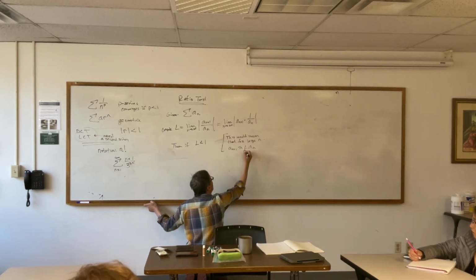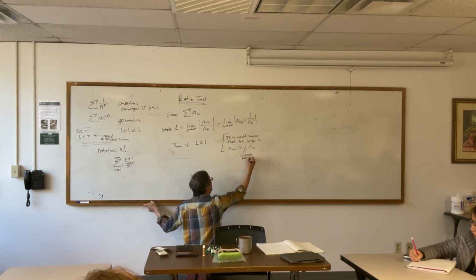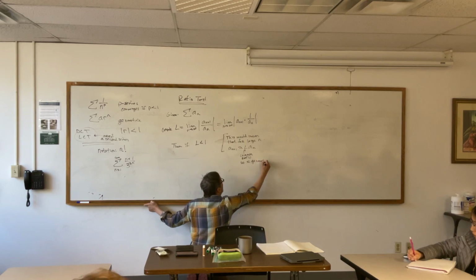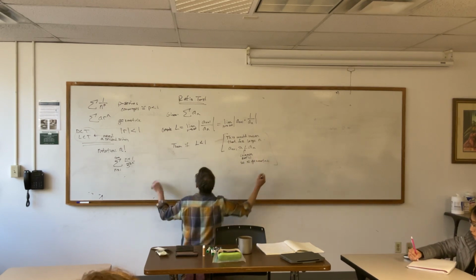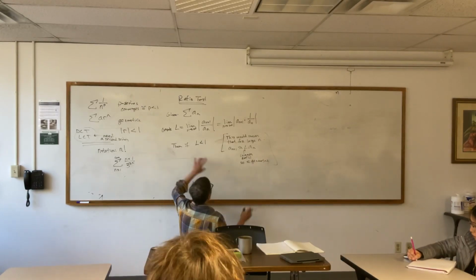We can think of this as a common ratio, so they're approximately geometric way out at the end. And we know that geometric series converge when that common ratio is less than 1. That's really what we're doing.